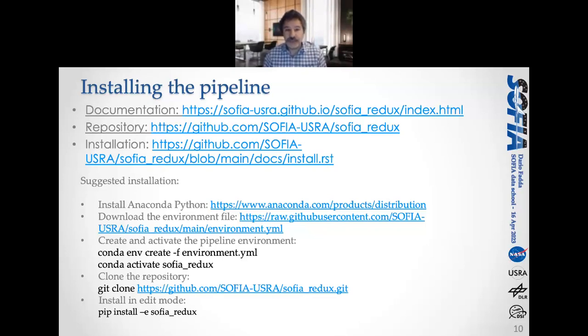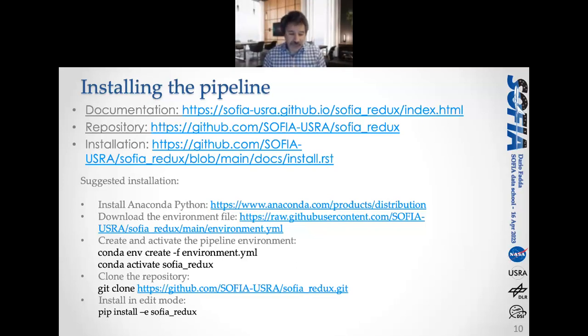What you do, once you have the Anaconda Python installed on your computer, is create an environment using this environment YAML file that essentially specifies all the packages that are needed with the versions that are needed. So you are sure that this is going to work. Once you have the environment, you activate it and you clone the repository.